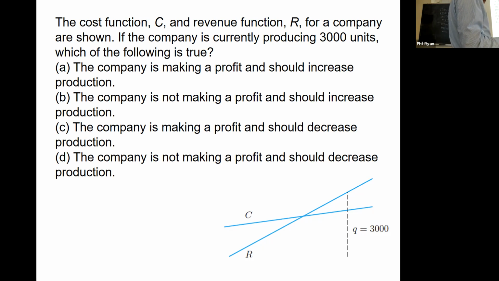Here, we've got a cost function and a revenue function for a company. And our company is currently producing 3,000 units. So this is the point at which the company is at. So which one of those 4 scenarios is true?